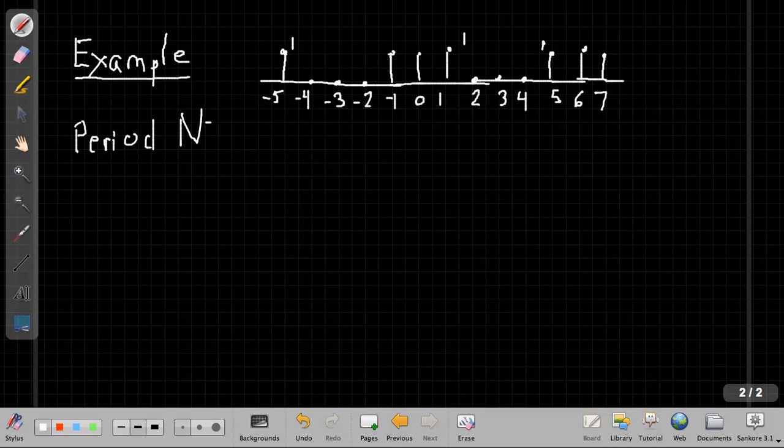So my period N is equal to 6 in this equation. So that means that omega naught is 2 pi divided by 6, which is the same as pi by 3.